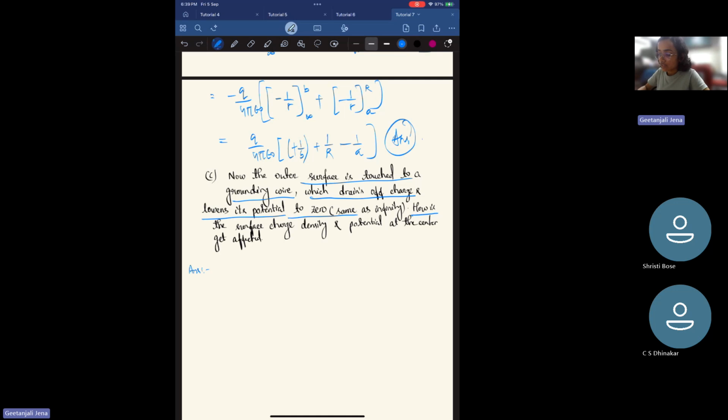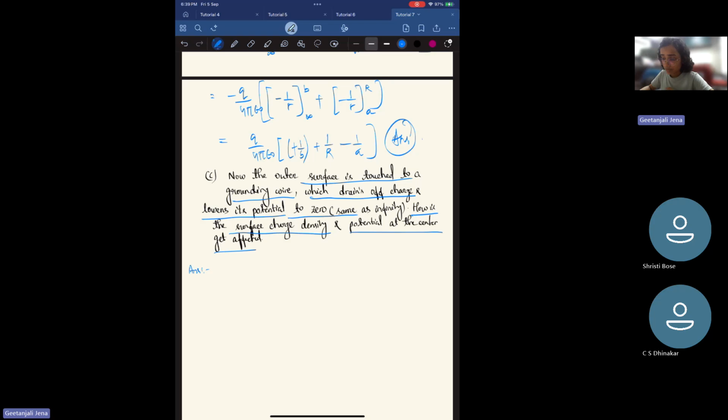Then how are the surface charge density and the potential at the center affected? So if you ground the outer surface, how will the charges behave, how will the surface charge density change, and how will the potential change?